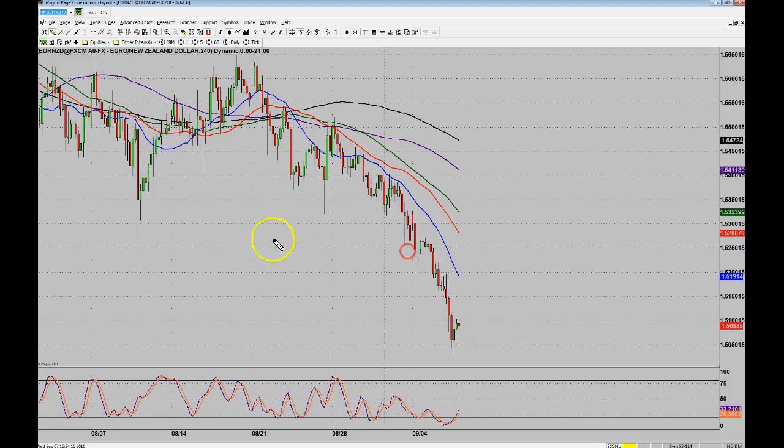All right. So right now you can clearly see that we're below the 200. So this is a definition of a downtrend. We're below the 200. We also see, please forget the green one, that actually shouldn't be there, but we see the moving average crossover of the red and the blue, which is the river that we talked about.